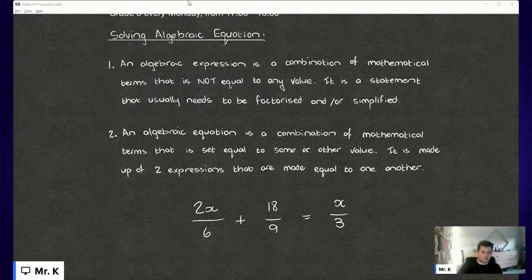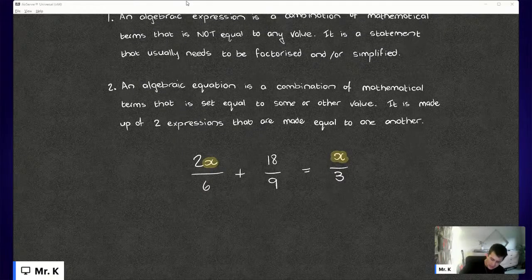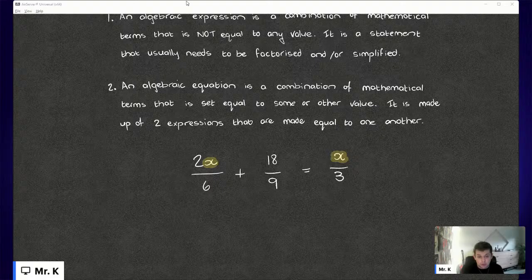Just as an example, when we're given an equation, the goal is for us to find the value of the variable, right? So if we look at something like this, we can see that we have the variable x here. And so the goal of this entire process is for us to find the value that x is equal to.